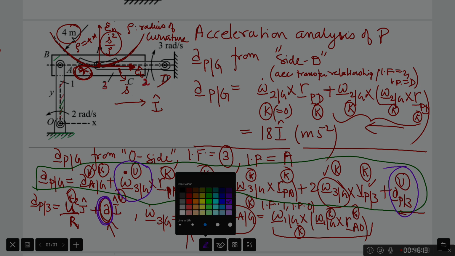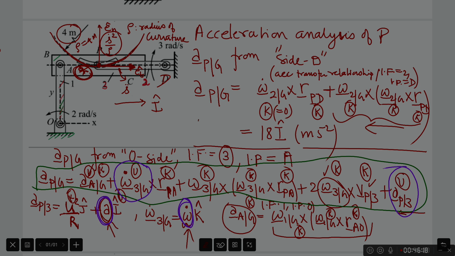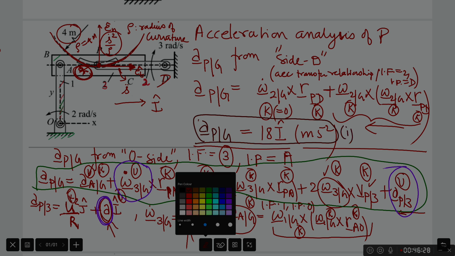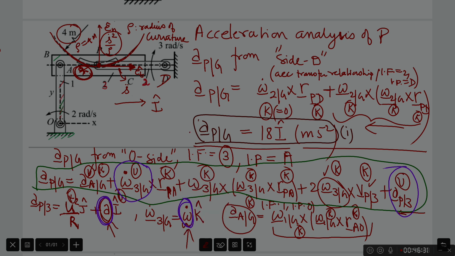I am going to match the two expressions of APG that I have obtained. This is my first expression for APG that I obtained here. Let me call it 1. And this is the second expression for APG that I have boxed with this green outline. So I have one here in dark brown outline and I have two here in green outline.